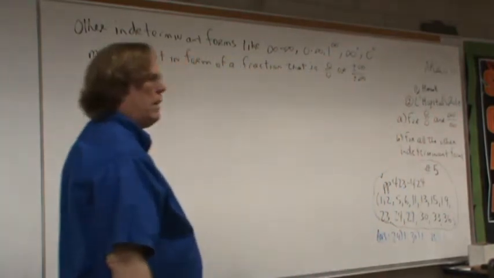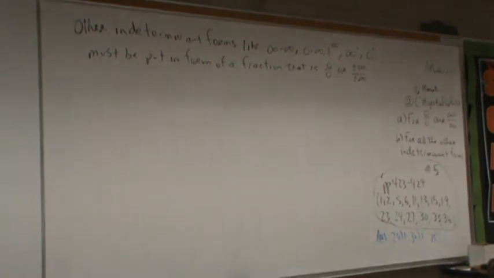So that's our goal now. I'm going to give you other indeterminate forms, and we're going to put them in fraction form, and then we get to do L'Hopital's rule.